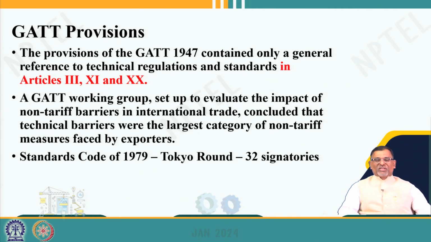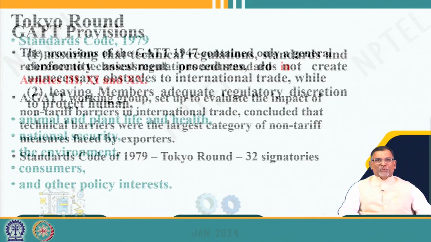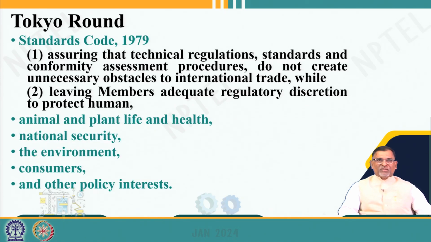It means that this agreement was not very popular, because people found it very difficult to comply with it, or they feared that these labeling standards or packaging standards would damage their prospects of export to other countries. The 1979 code talks about technical regulations, standards and conformity assessment procedures which do not create any barrier to international trade.